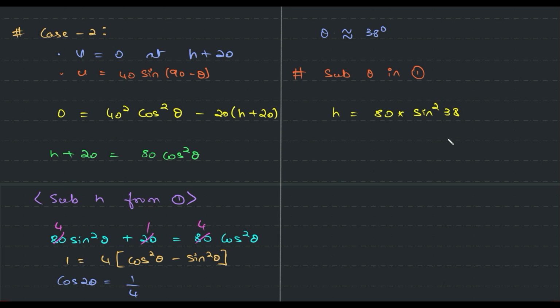So h is apparently 30.3 meters high, and the other height, h plus 20, will be 50.3 meters high. That's it. All these are approximate answers because our theta is approximate. Okay, guys.